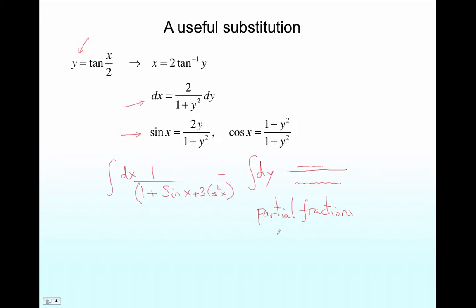So there is a relatively systematic way of doing integrals where sine of x and cosine of x occur, and where they're not accompanied with square roots and so forth.